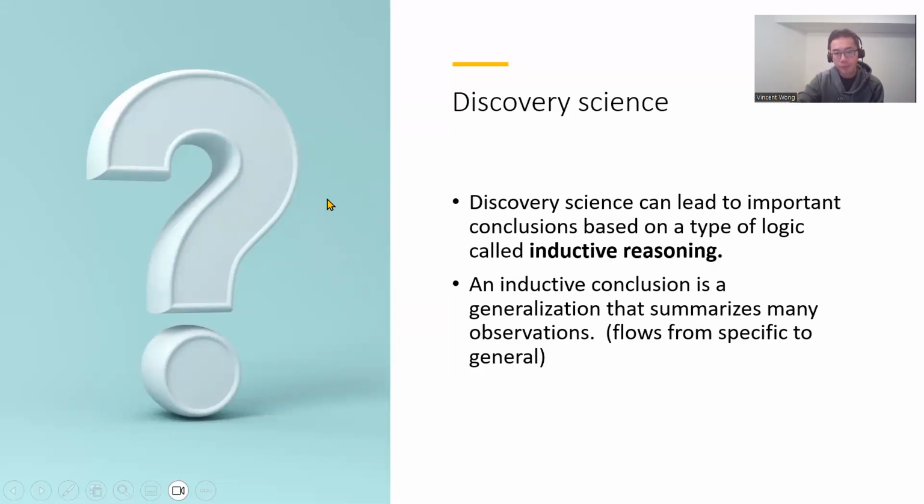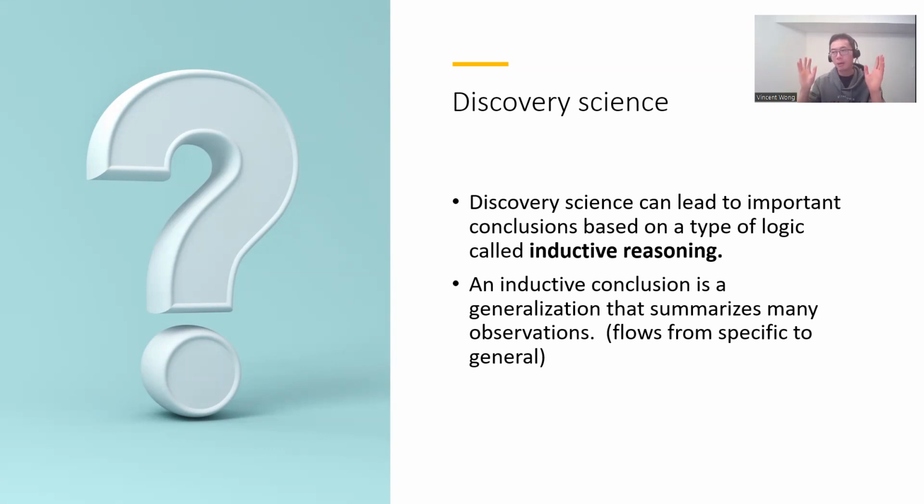So, discovery science, that's what we're talking about. We're talking about different ways to do science, right? Discovery science is just observing. You're not touching anything, you're not changing anything, you're just looking. And by observing what's going on, you can use a type of logic called inductive reasoning to come up with a generalized idea to describe what you are observing.